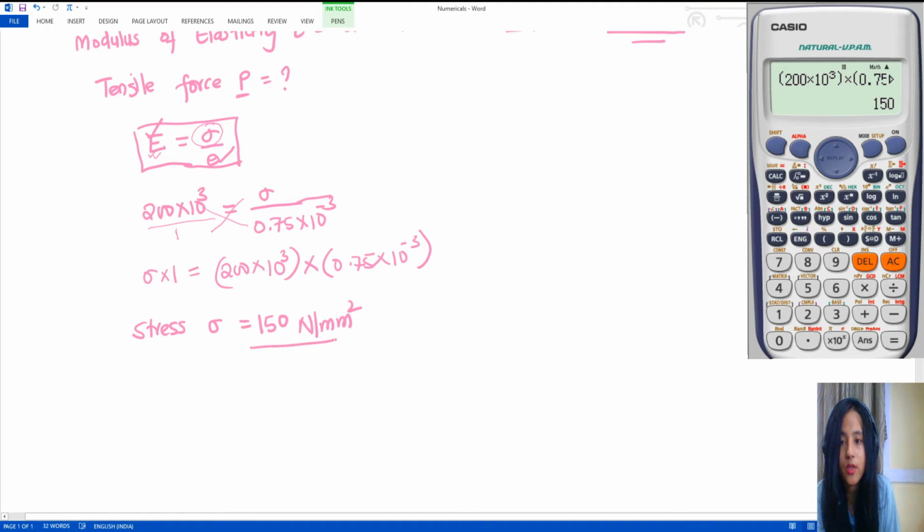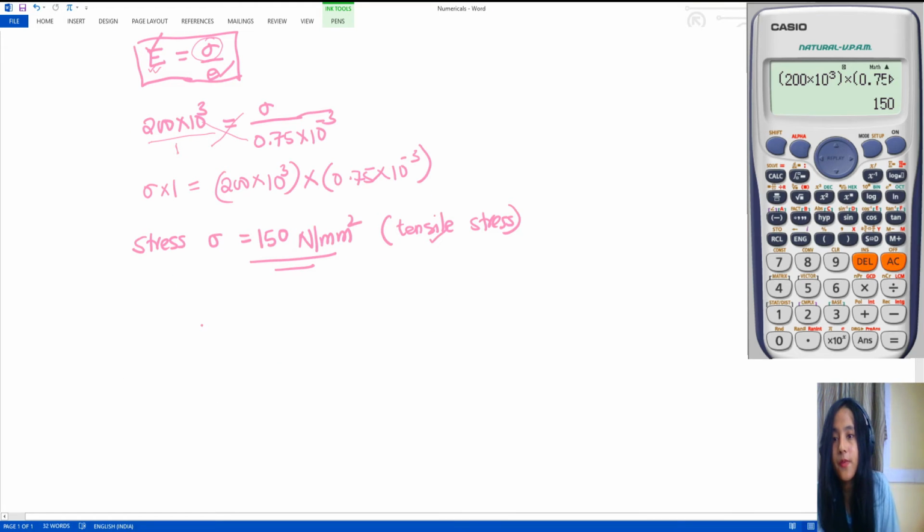And this stress so produced here is tensile stress, because what we are finding is tensile force. Because of this tensile force, the stress produced will also be tensile stress.